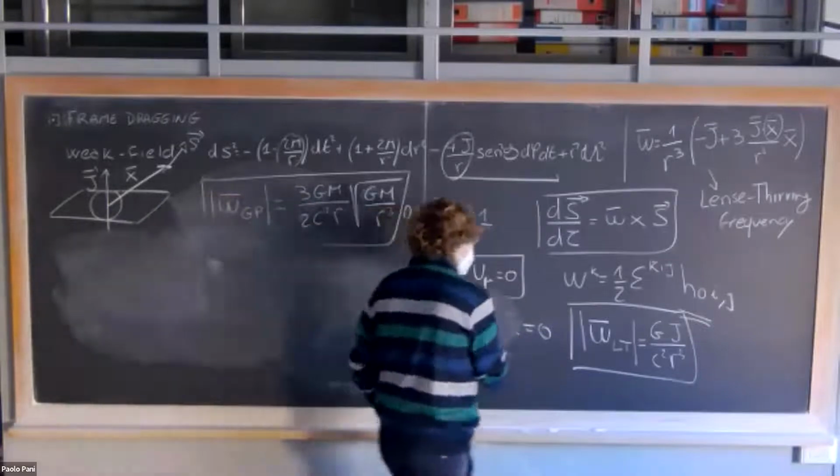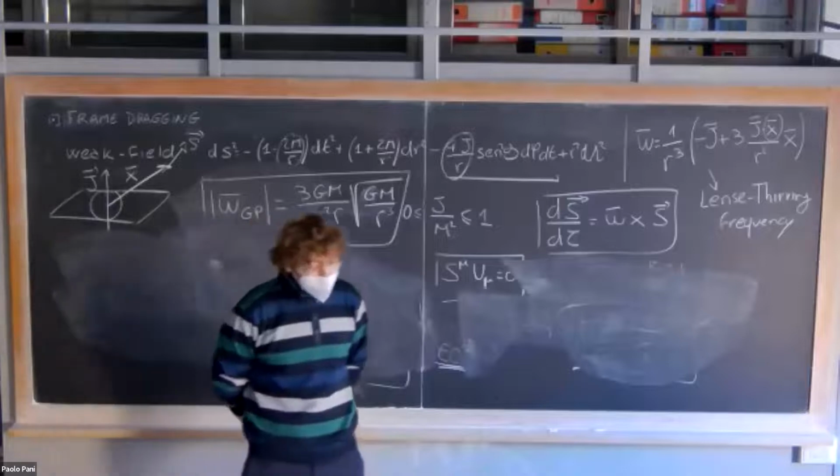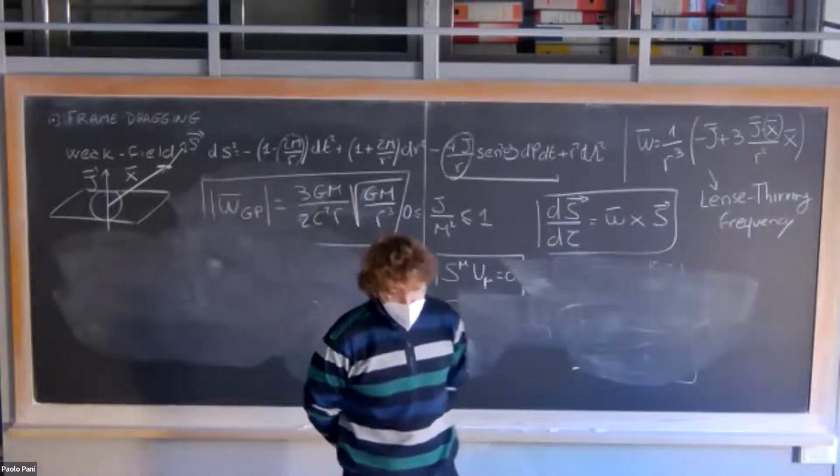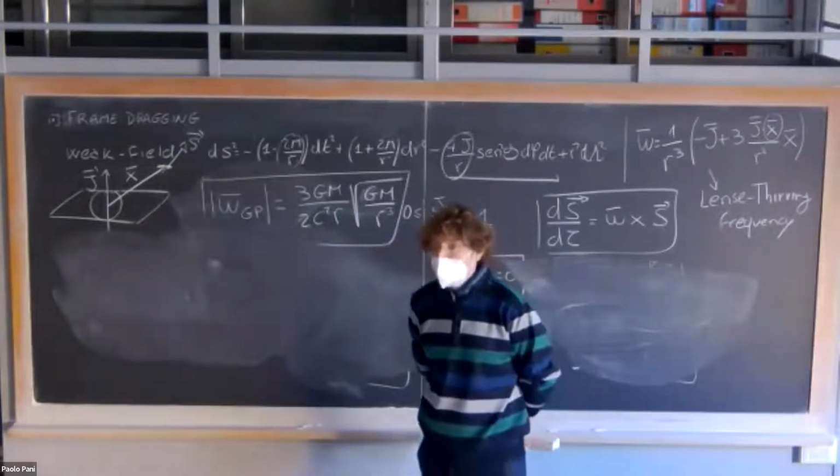So, Professor Pani, we have a question here on the chat. Can you explain again the difference between geodetic precession and Lense-Thirring precession? Okay, so the Lense-Thirring precession is due to spin angular momentum coupling.